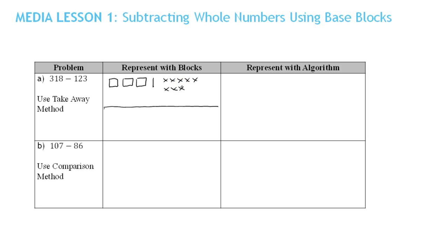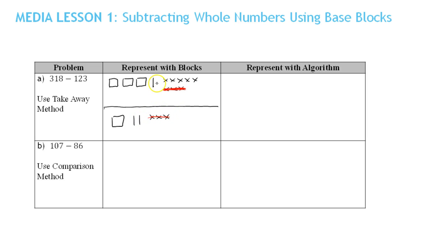And underneath here I'm going to put what we're taking away. 1 flat, 2 rods, and 3 ones. Okay. Now let's use color to cancel out. So we want to cancel 3 ones. So we'll cancel these 3. So we've taken those away.